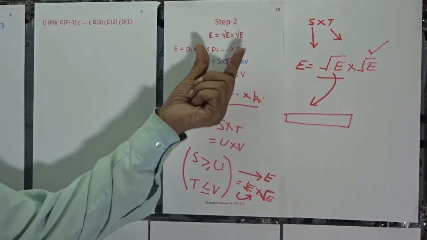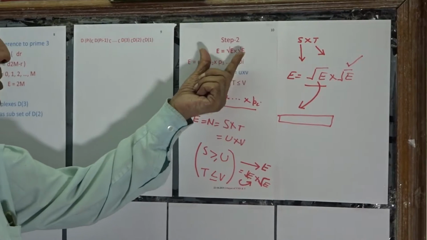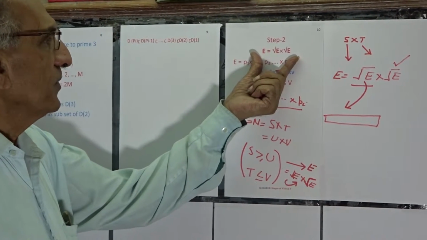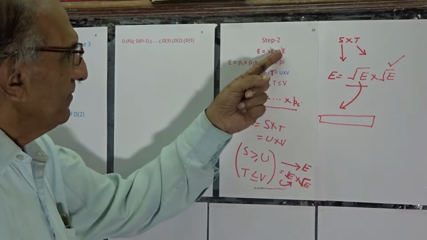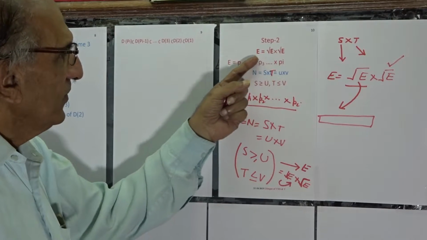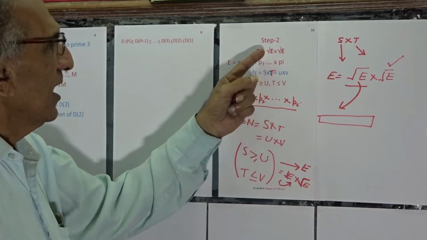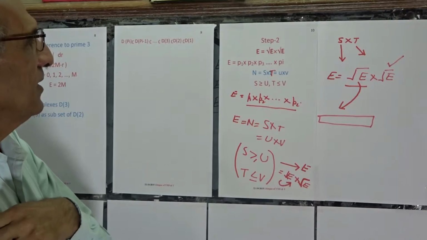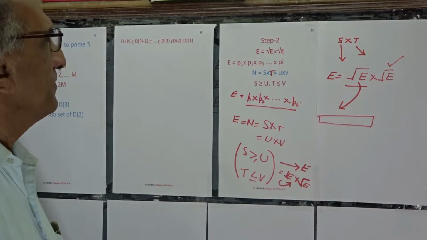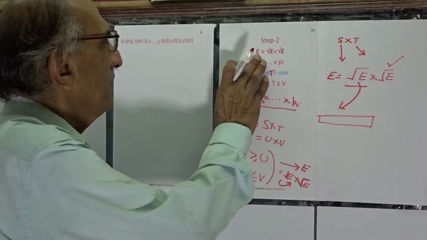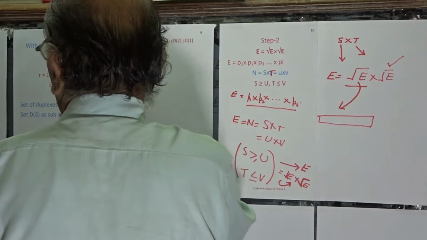Therefore, we have to work out the primes up till under root E, and with the help of the primes up till under root E, we can rule out the composites for the entire range of E in this set of duplexes.